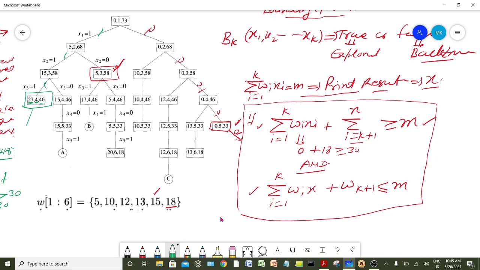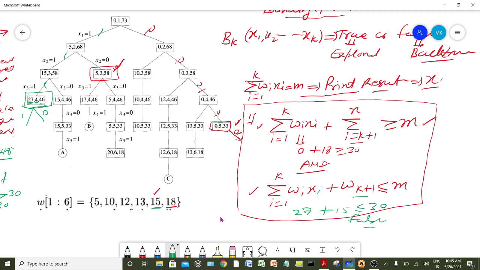So two options were there, to include it or to exclude it. Now put it in this equation: 27 plus the weight of the next item, the fifth item, which is equal to 15, is going to be greater than 30. So this condition is false.